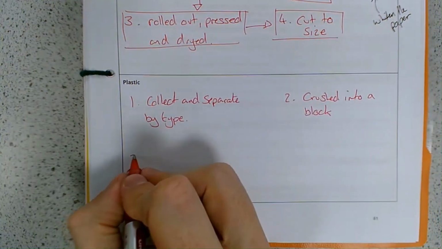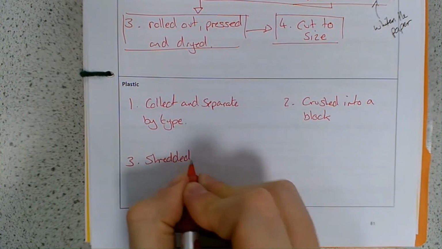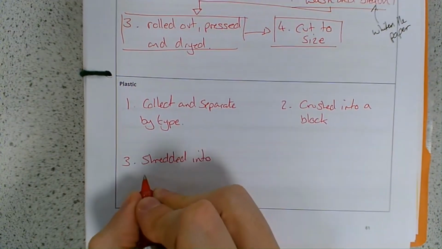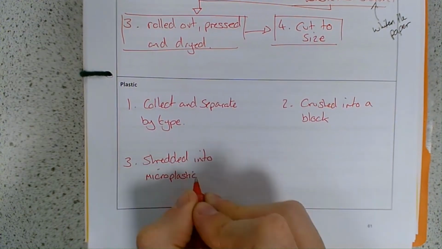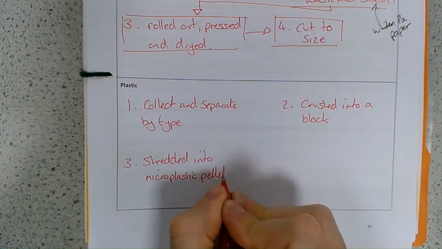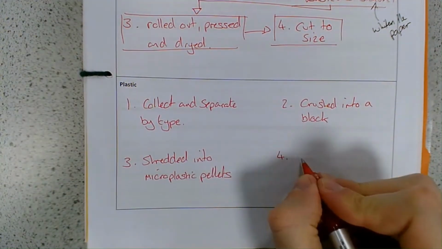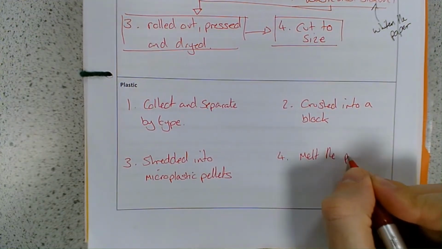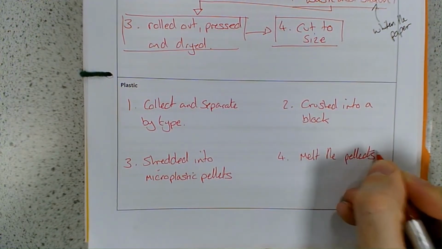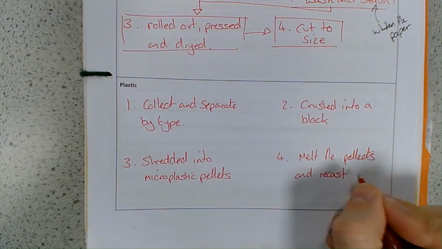Then they're shredded into microplastics, to microplastic pellets. And then finally, they can be melted, melt the pellets, and recast the plastic.